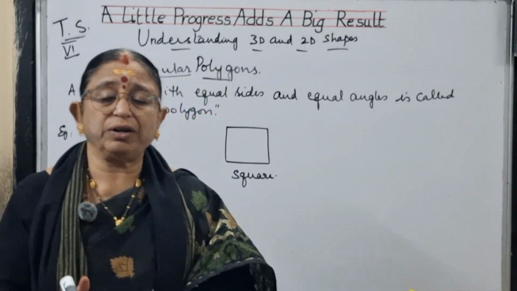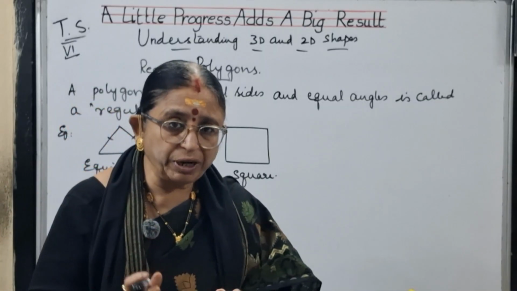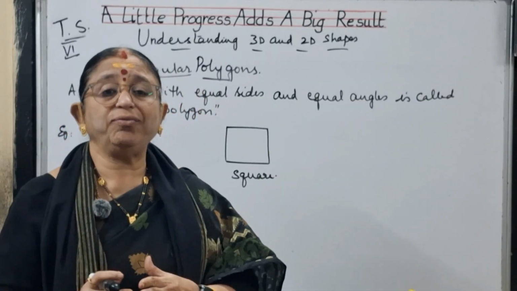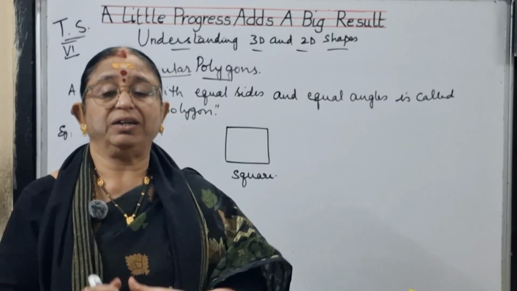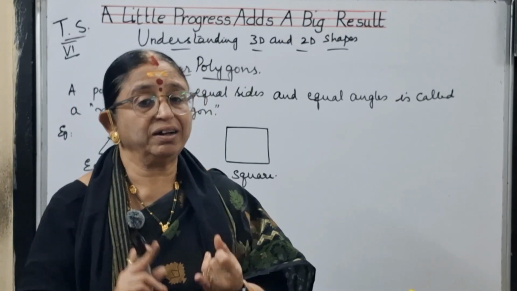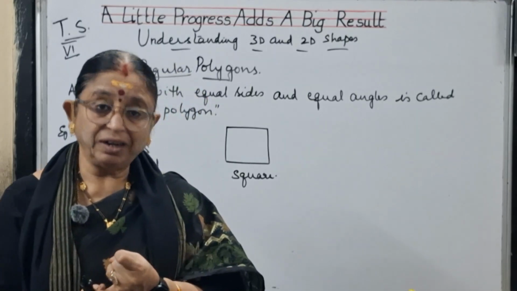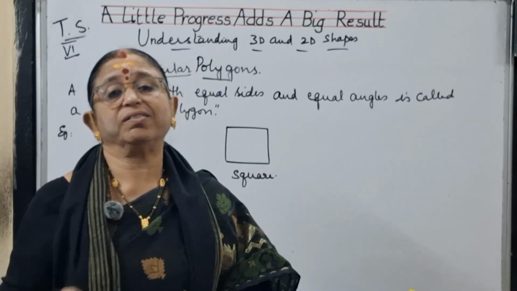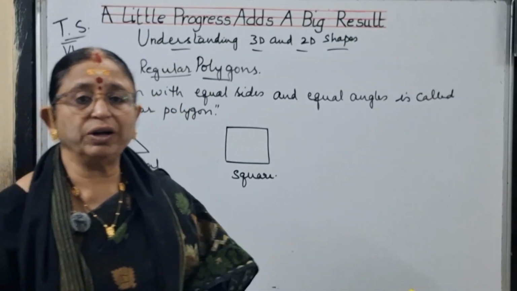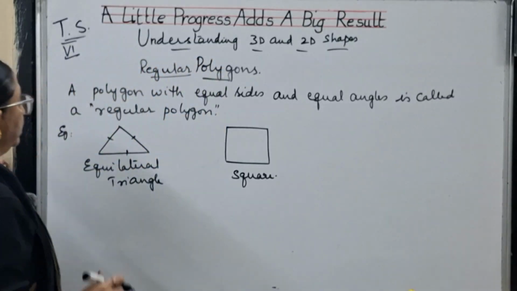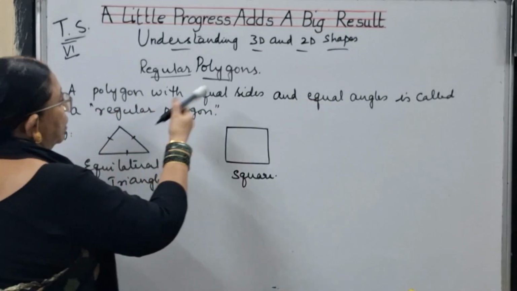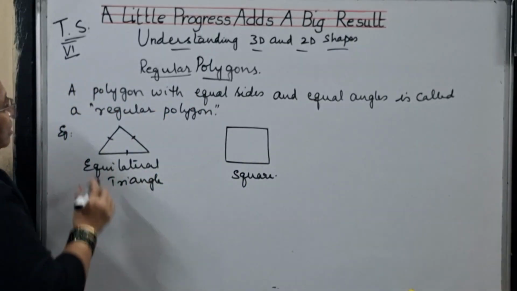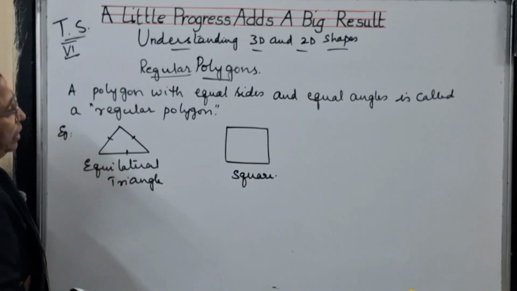But the next one is a regular polygon. What is the meaning of a regular polygon? A regular polygon is formed only when a closed figure has all sides of equal measure and all the angles are also of equal measure. Then only we call it a regular polygon. So the definition: a polygon with equal sides and equal angles is called a regular polygon.